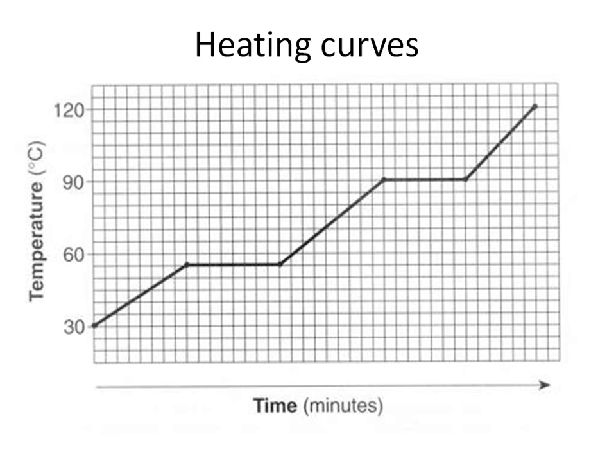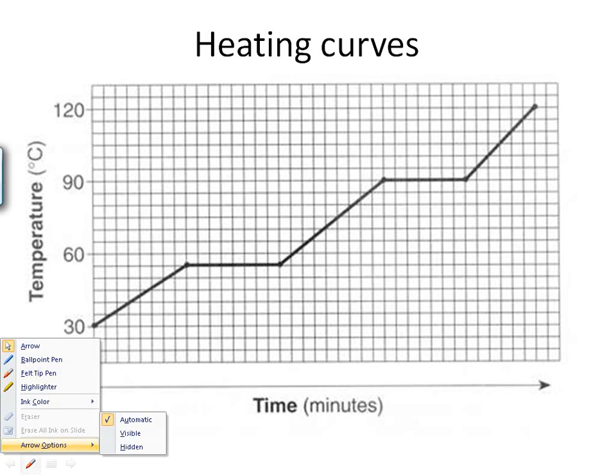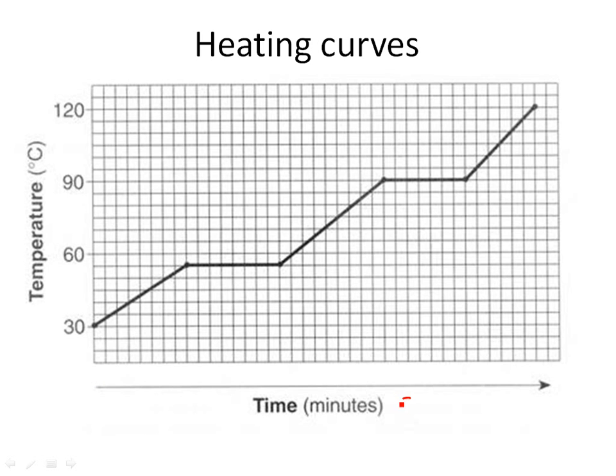The heating curve is basically a plot of temperature, and a lot of times on the x-axis they put time. The reason they do this is because typically when you're generating this heating curve, you are heating at a constant rate. As long as you're heating at a constant rate, time is going to correlate to energy added.